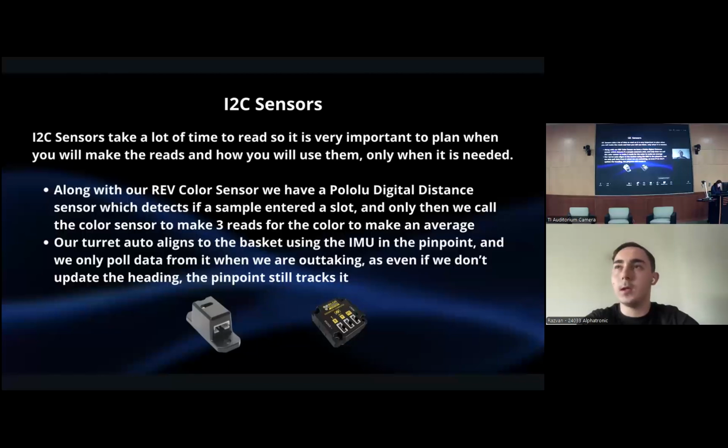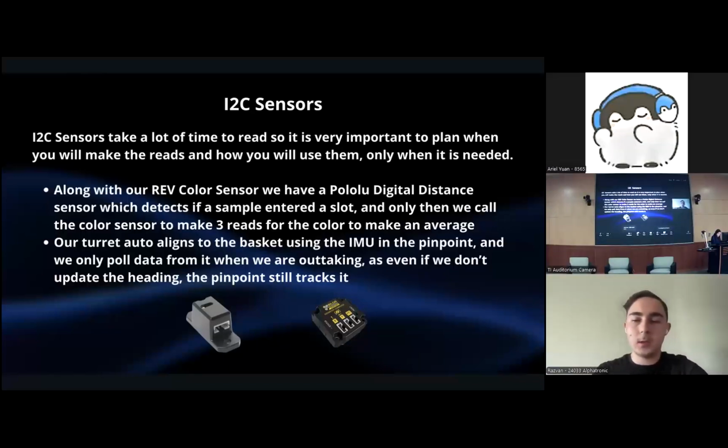We have two sensors on our intake, one which is digital and doesn't affect loop times, and a color sensor which only checks the color and only makes three reads and takes an average. This way, we don't have to call an I2C sensor to know if a sample entered our intake. We just call the digital one, which is a lot faster and makes the whole process faster. And again, having better loop times means you have better PID control, and everything works out well.